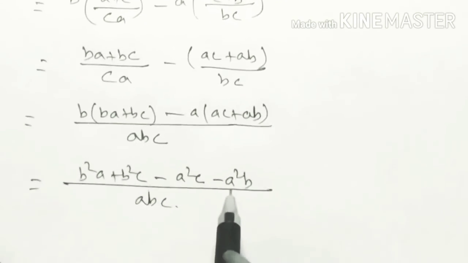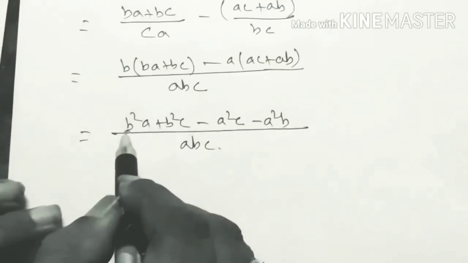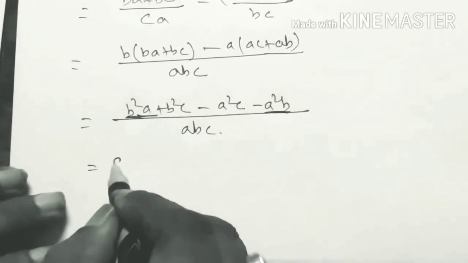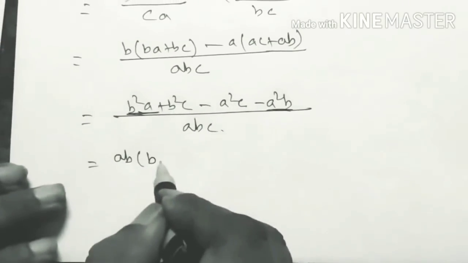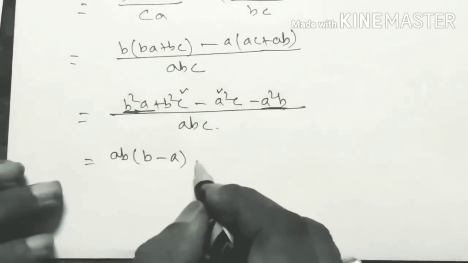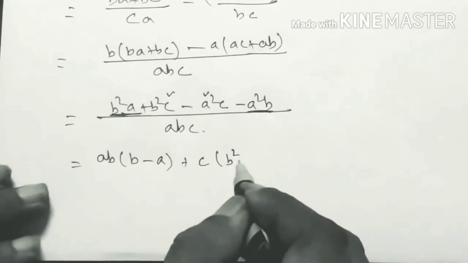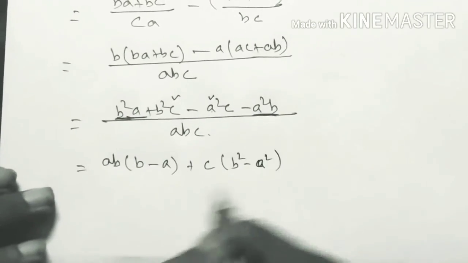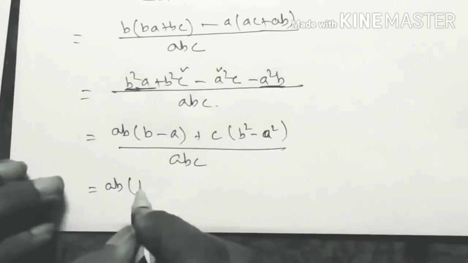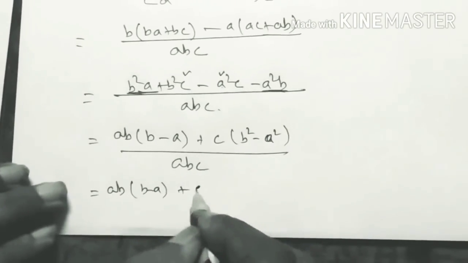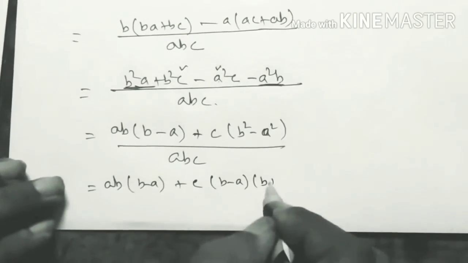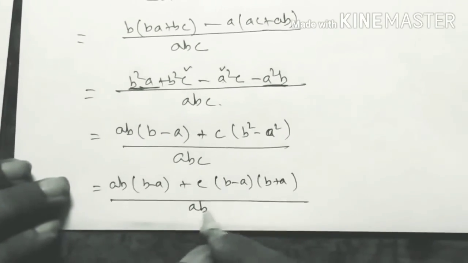I have to do some arrangement. The arrangement is, let me take this and this. Between these two, the common is AB. So here it is B minus A. And here between this and this, the common is C, which comes out to be B square minus A square by ABC. Now this is AB bracket B minus A plus C, and A square minus B square formula, B minus A, B plus A by ABC.